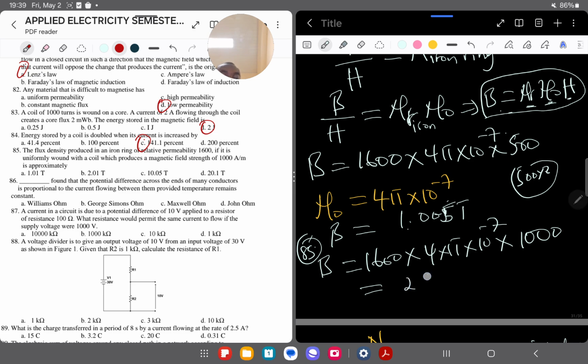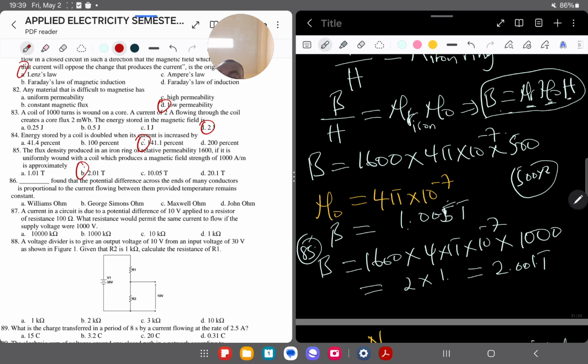So this will be 2 times the answer we got, which was 1. So here it will be 2.0001 Tesla. So the answer here will just be 2. So question 85 will be 2 Tesla.